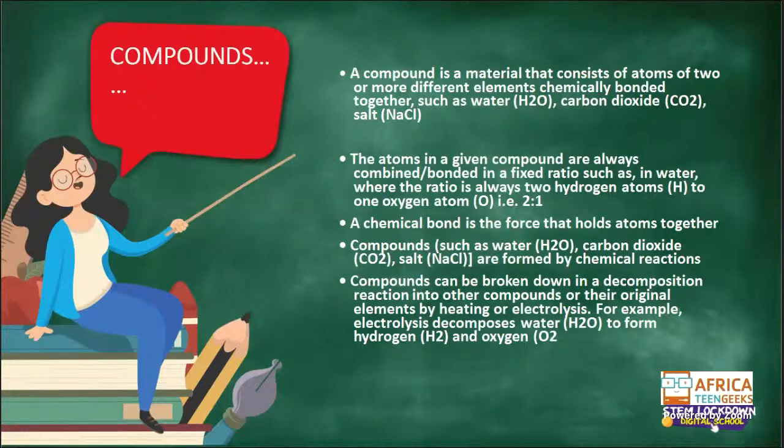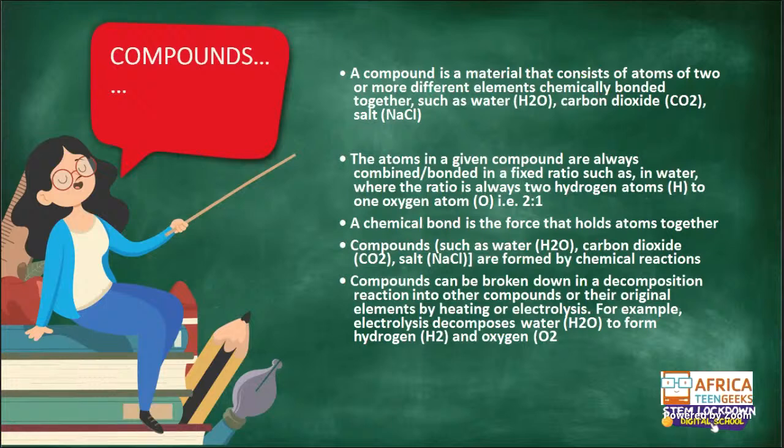So that is a fixed ratio, 2:1. If you see any compound where the atoms of hydrogen are not two and oxygen is not one, then it's no longer water. So the atoms in a given compound are always combined in a fixed ratio.